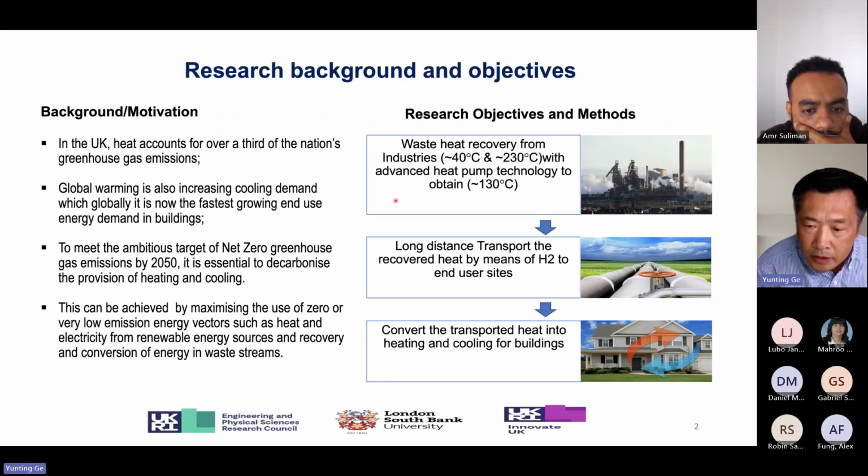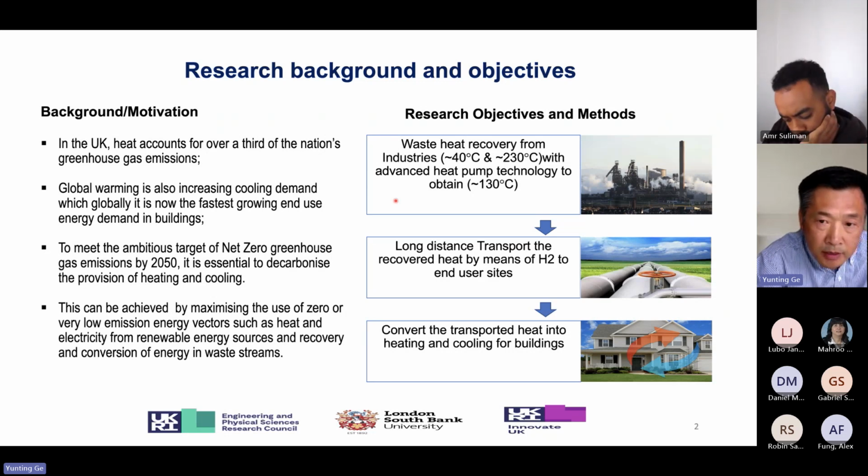At the end user, we utilize some energy conversion technologies, so we convert this transported hydrogen and also the energy into heating and cooling. So this is the research objective and also the method used in this project.